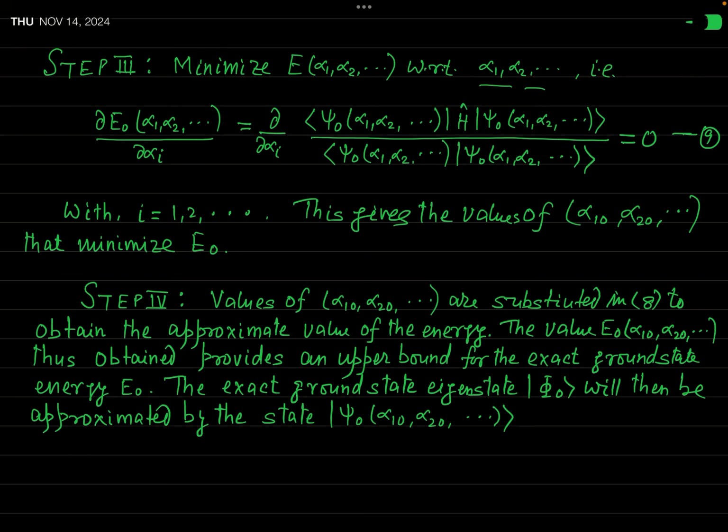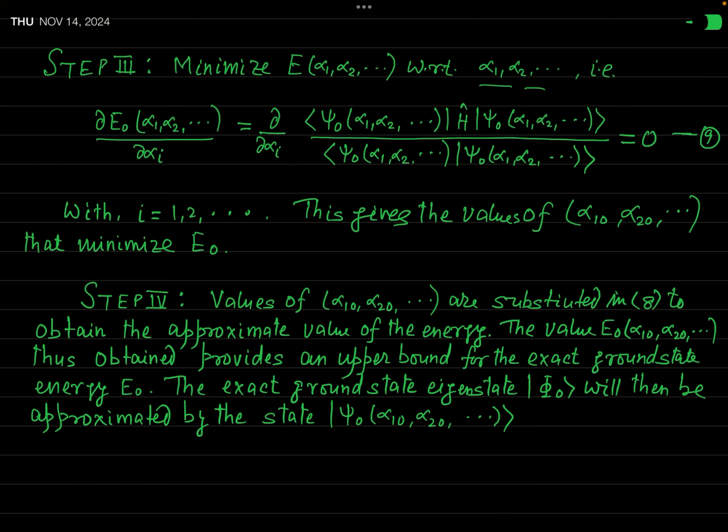If you are minimizing with respect to alpha 1, you have to differentiate this E naught with respect to alpha 1 partially. Why partially? Because E naught is not a function of only alpha 1, but of alpha 1, alpha 2 and so on. Therefore, you take the partial derivative of E naught with respect to alpha 1, and if E naught is minimum, then this partial derivative will be 0.